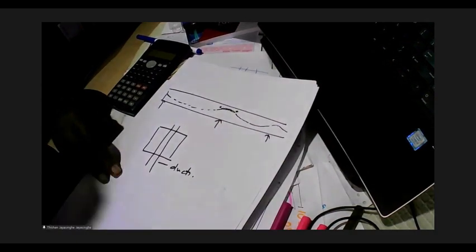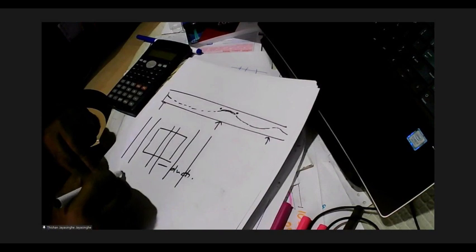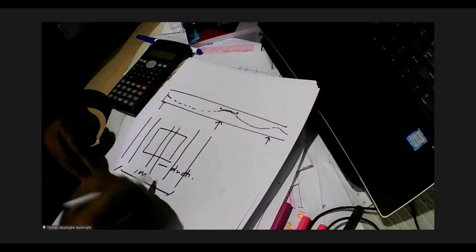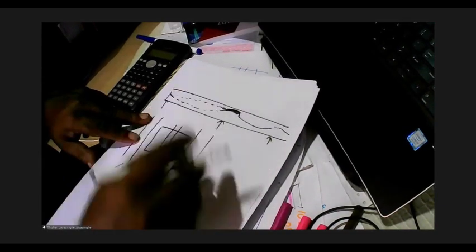And now we have this band, and other tendons can be outside, or 1 meter. And again the same concept. And you have to see all these forces are brought up to the column and dumped over the column.